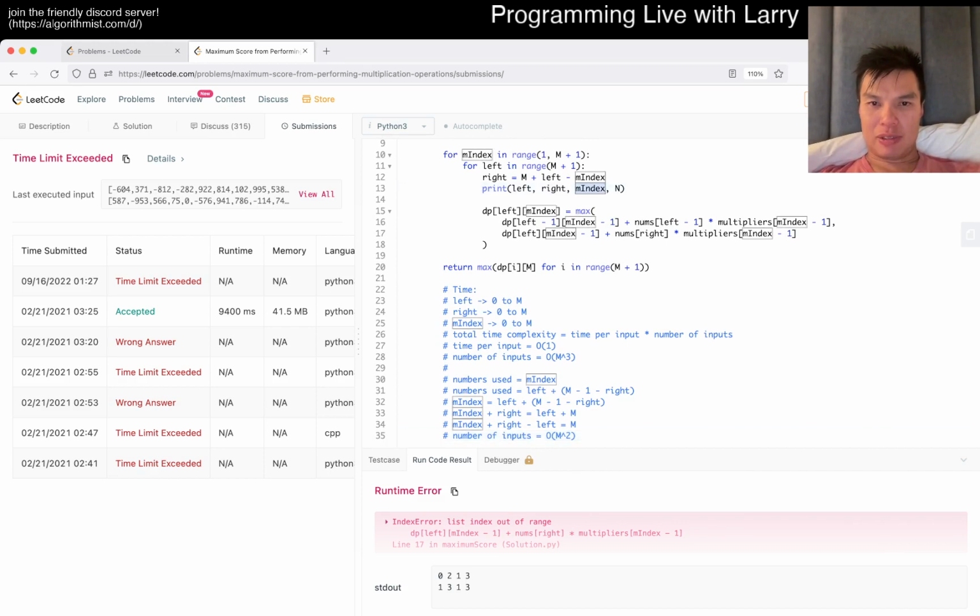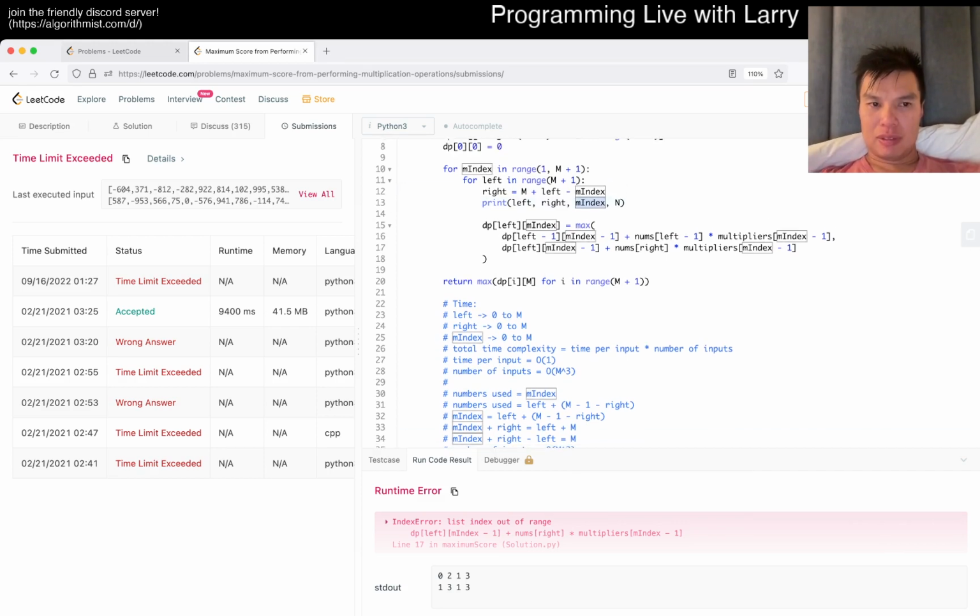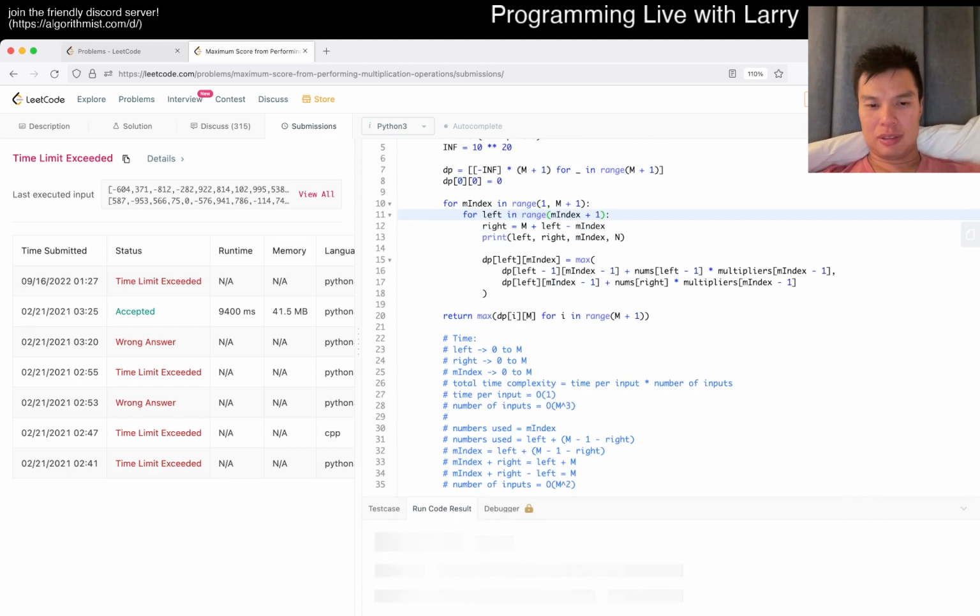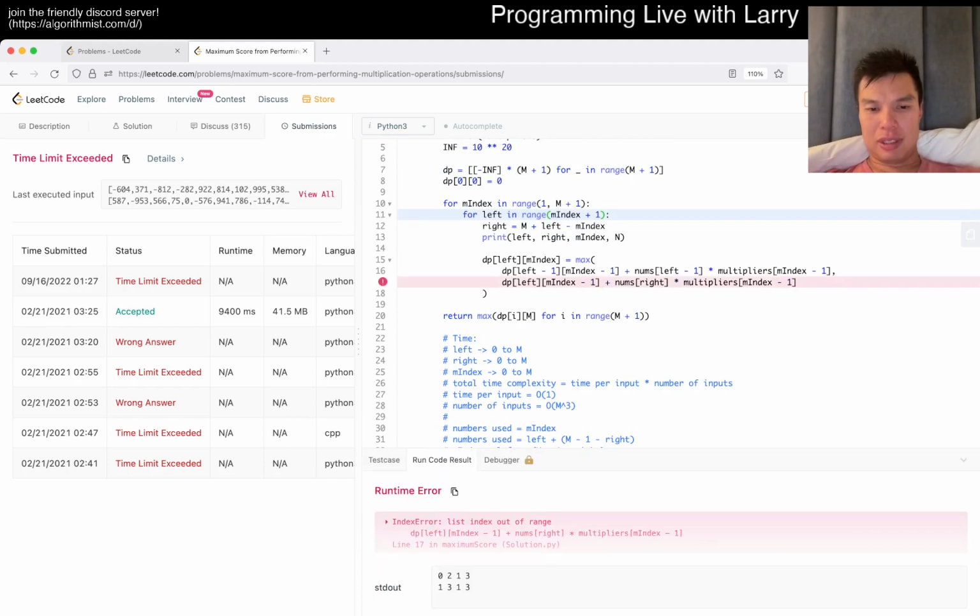M index is 1. No, I guess left can only go up to m index, including m index. Maybe that's why. Okay, this is still wrong.